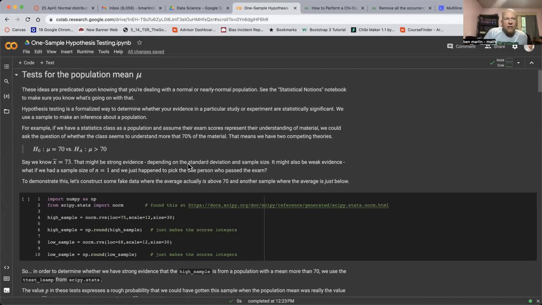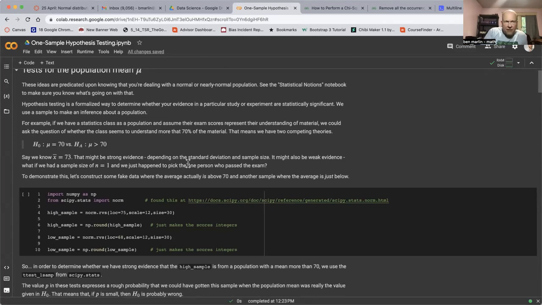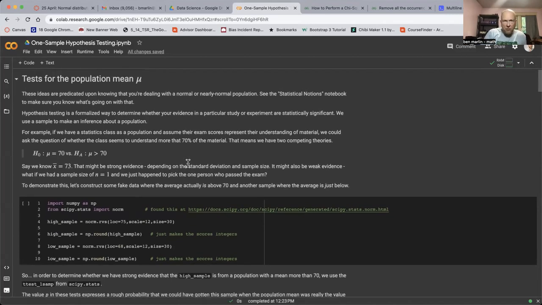So here we talk about the tests for the population mean mu. The situation is that you have pulled some kind of a sample from a population. Maybe you have randomly sampled a bunch of test scores from students who were taking statistics, and you want to see whether the mean ends up being more than 70.